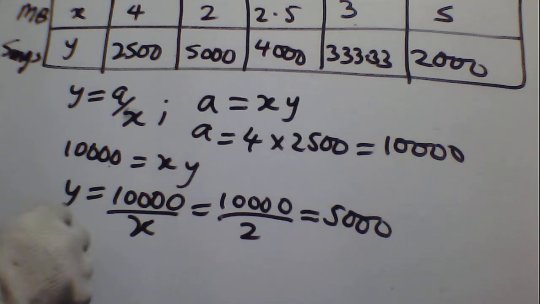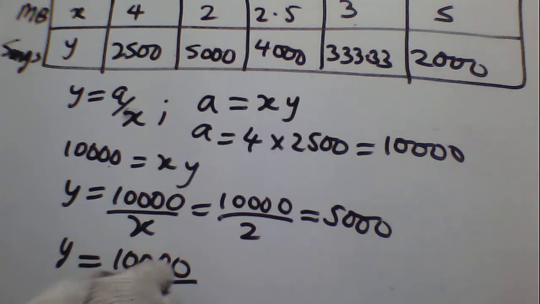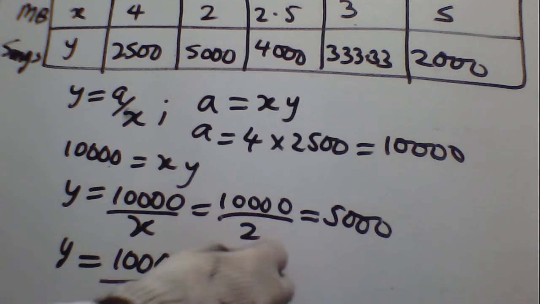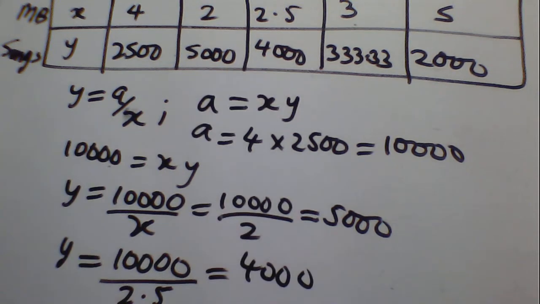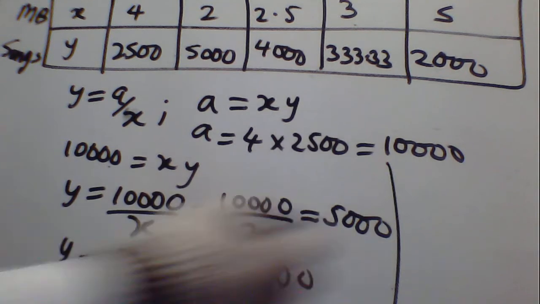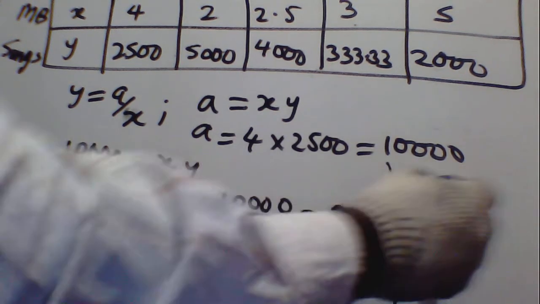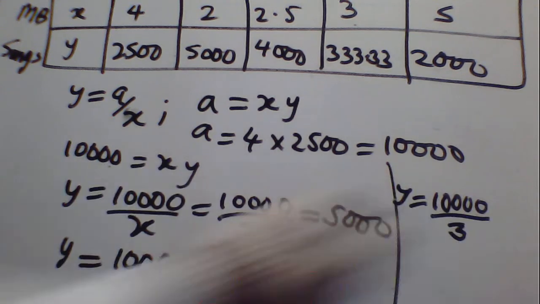The next is Y equals 10,000 divided by X, 2.5. So we have 4,000. This is how we get 4,000. And if you do the rest, Y equals 10,000 divided by 3.